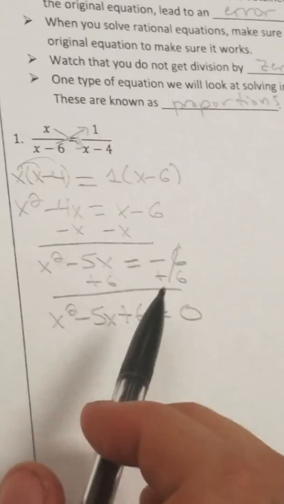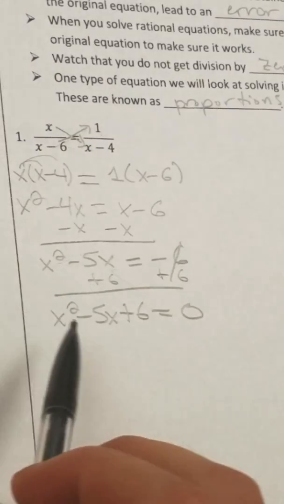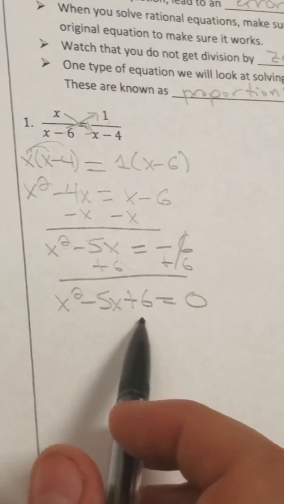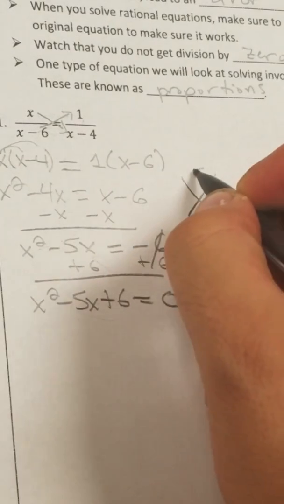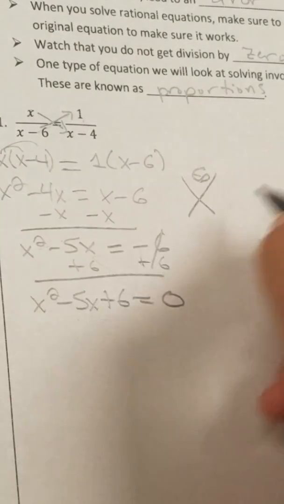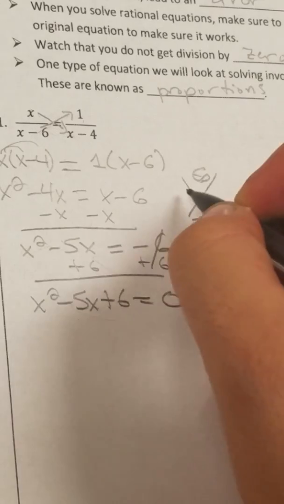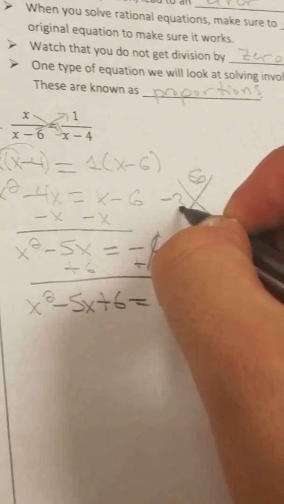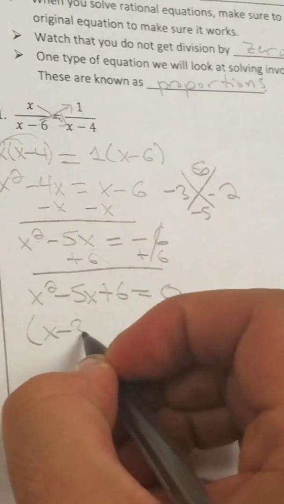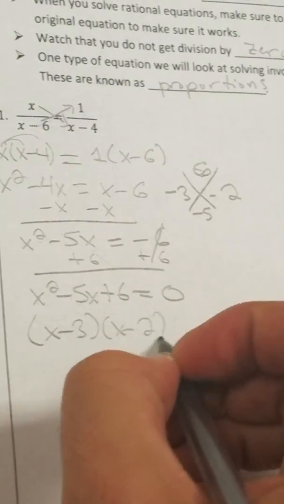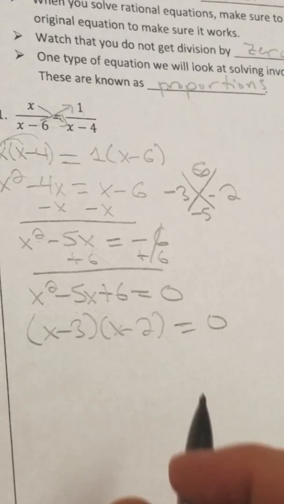All right, now this is where we use our factoring. So in this case, we need the factors of 6 to add up to negative 5. So if you do that here, the factors of 6 that add up to negative 5, which in this case is negative 3 and negative 2. So we're left with x minus 3, x minus 2 equals 0.